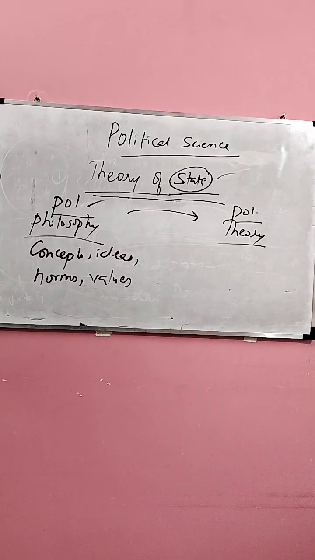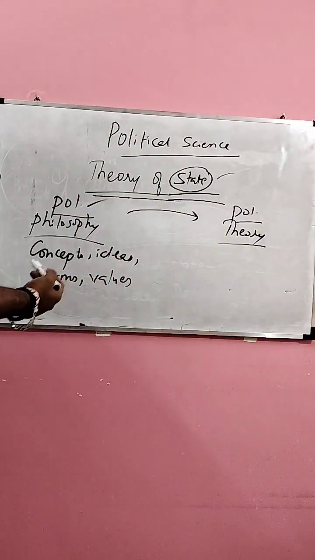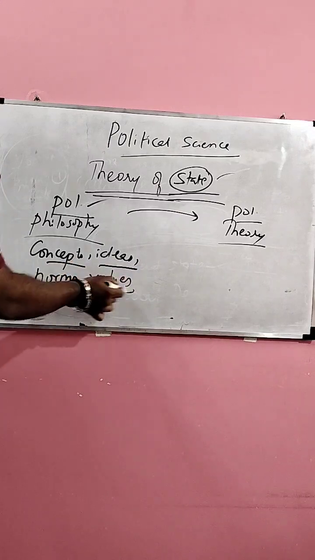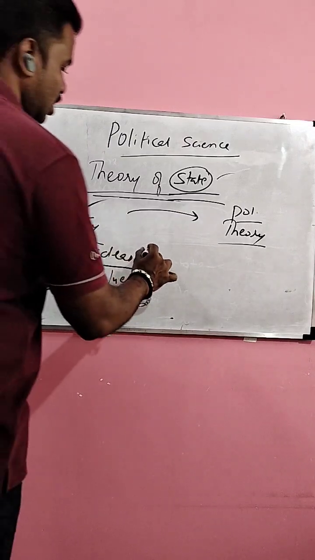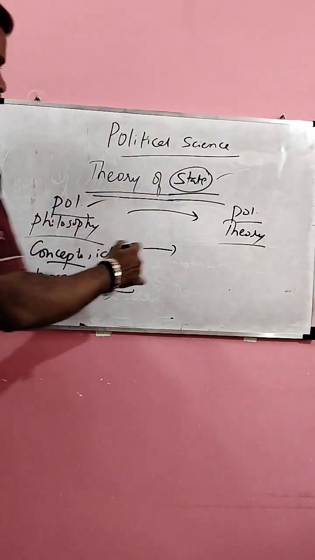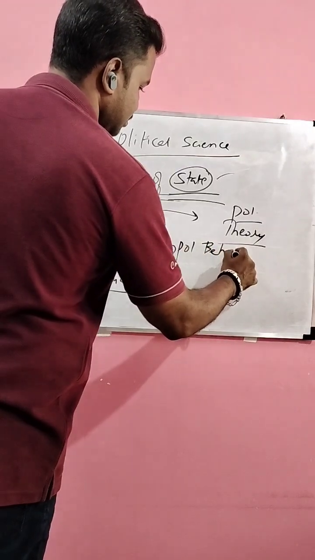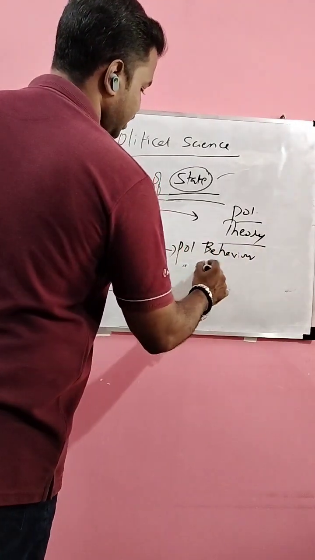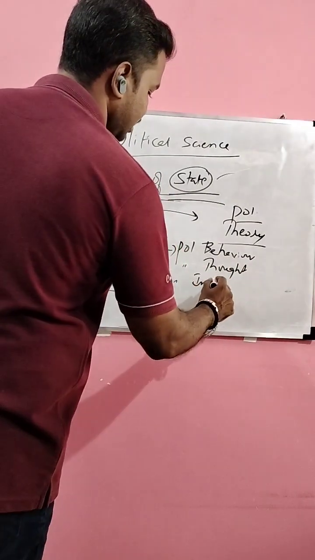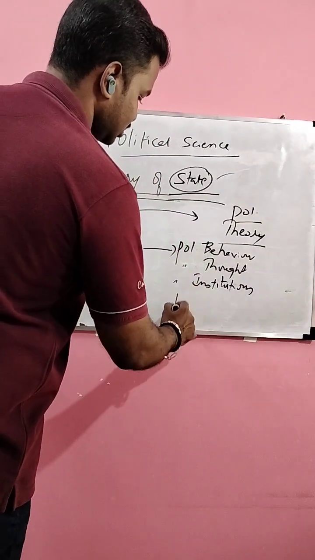Now, political theory is a framework. Political theory actually studies how the concepts, values, and ideas are related and apply with respect to political behavior, political thought of people, political institutions, as well as power.